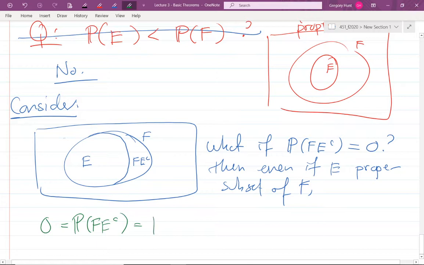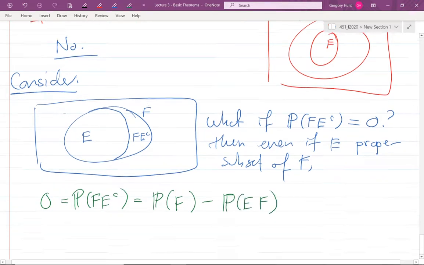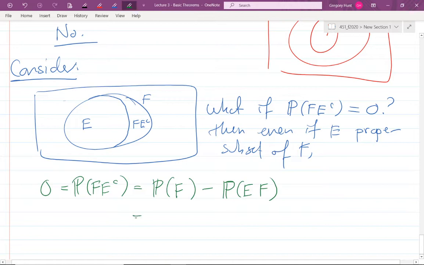We can say that this is the probability of F minus probability of EF. So that's using that result from previous. But of course, E is a subset of F, so this is just the probability of E. Just recapitulating our proof here. But now we have a situation where probability of F minus probability of E is 0. So the probability of E is equal to the probability of F.